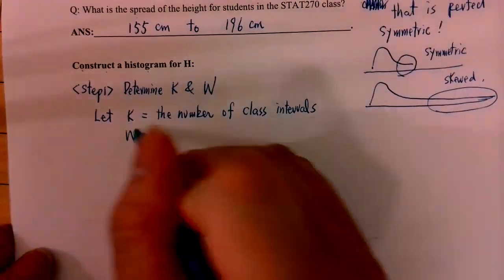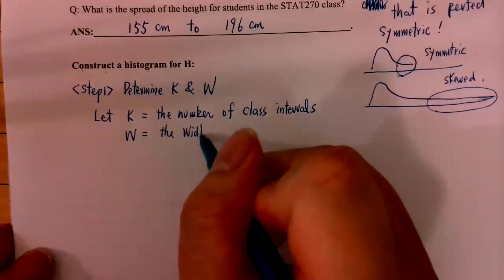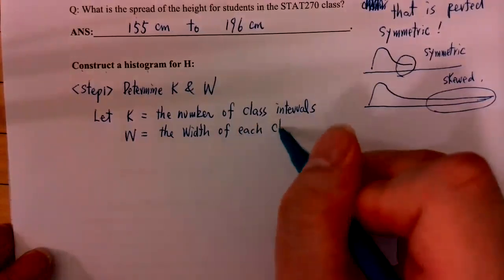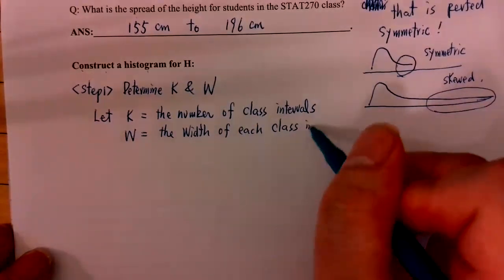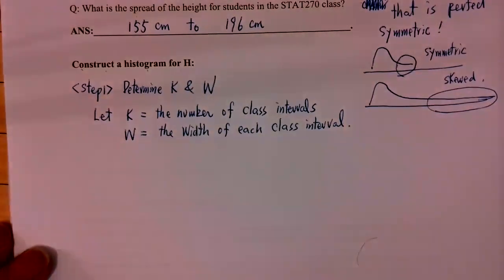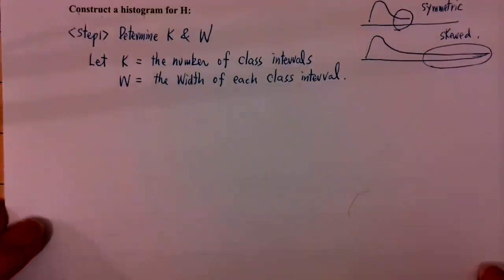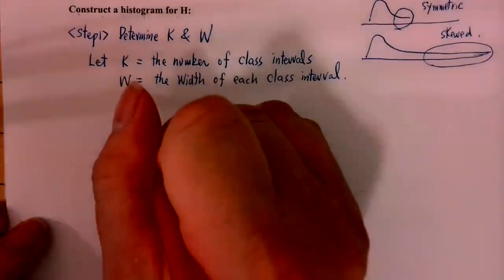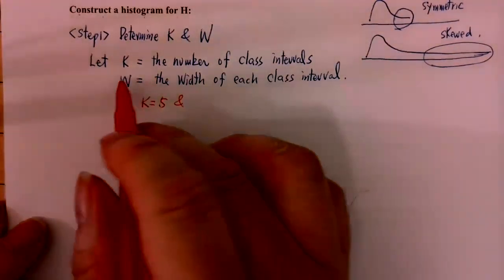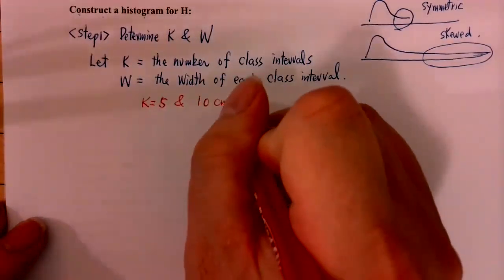And what's W? The width of each class interval. If we use the same standard as we have seen in the stem plot, K is 5 class intervals, and the width of each class interval is 10 centimeters long.